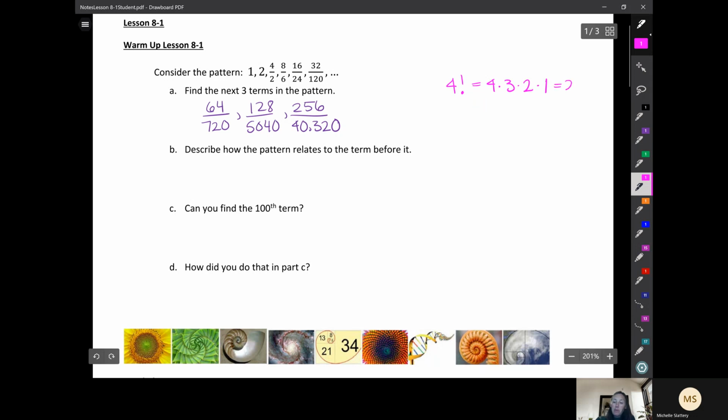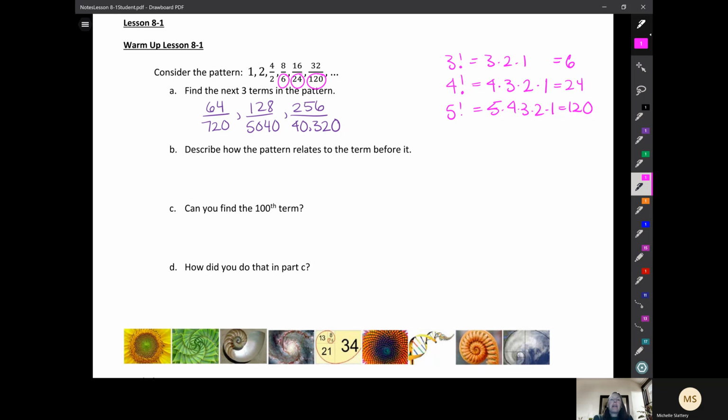If I reverse, 3 factorial would just be then 3 times 2 times 1, which is equal to 6. 5 factorial would be 5 times 4 times 3 times 2 times 1, which is 120. And you can see that those numbers are here at the denominators. Okay, so you're going to see factorials a lot in these patterns that we're working with in this chapter.